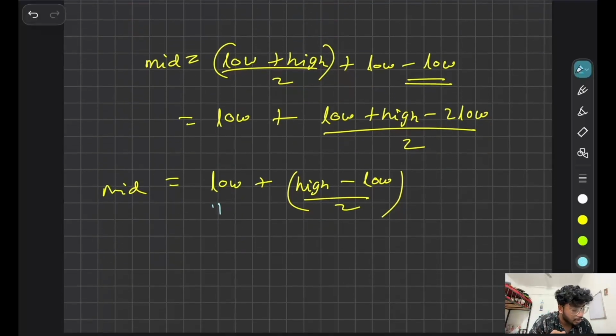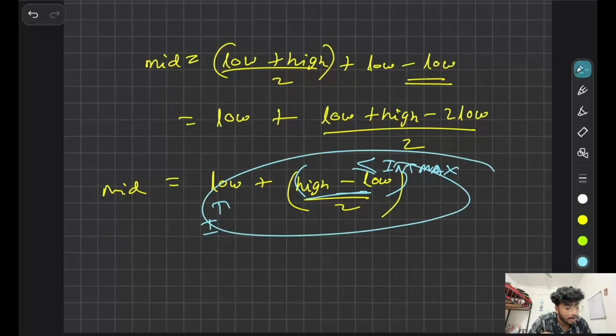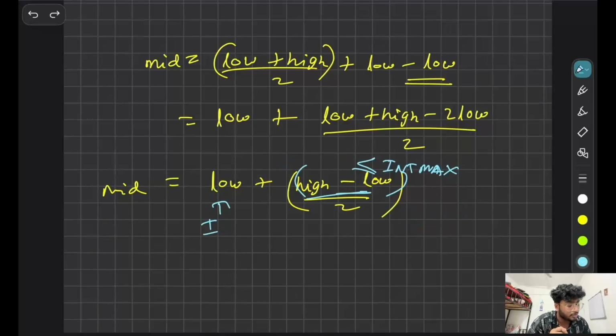But in this case, my low is lesser than or equal to int max, that's fine, and my high minus low, this difference is also less than int max, at max int max. I know that mid is in the search space, in the range, so this won't overflow now, right? By making this simple change, we have prevented the overflow, and that's how we do it.